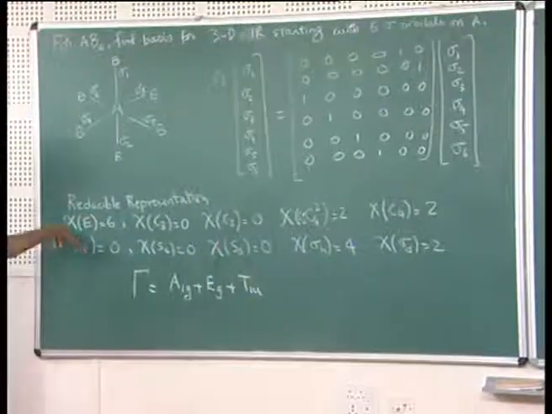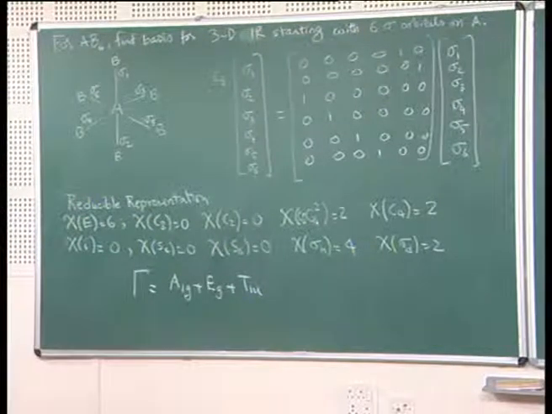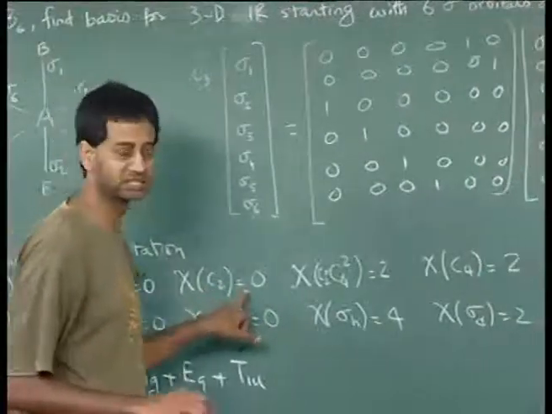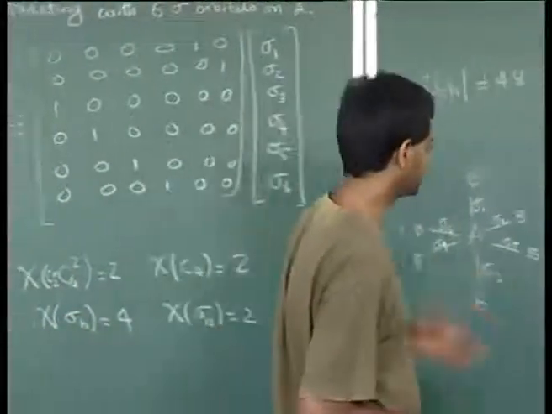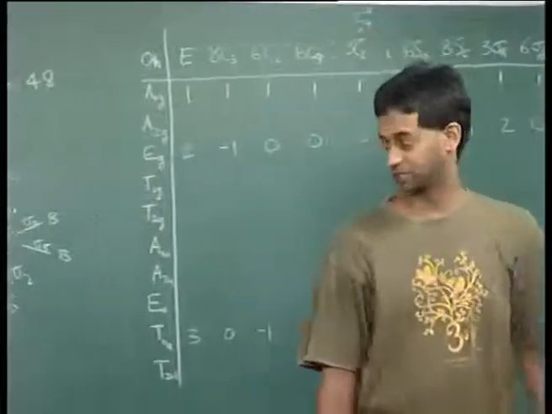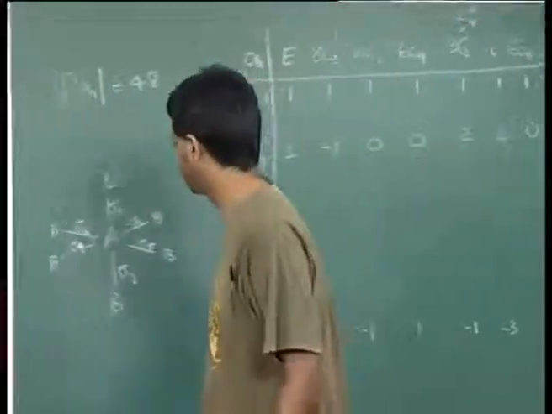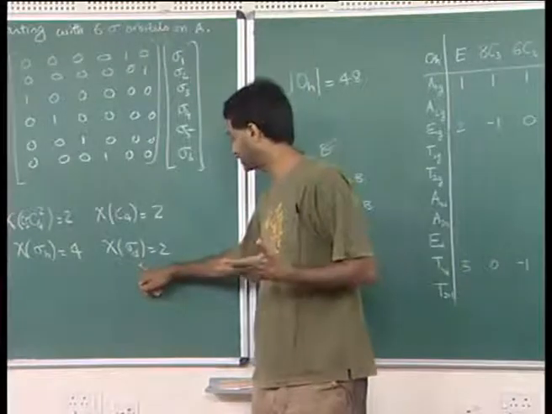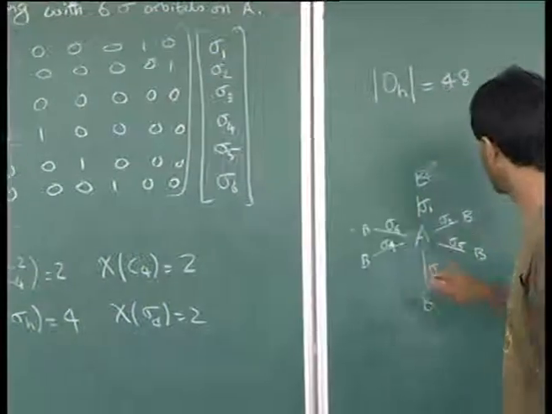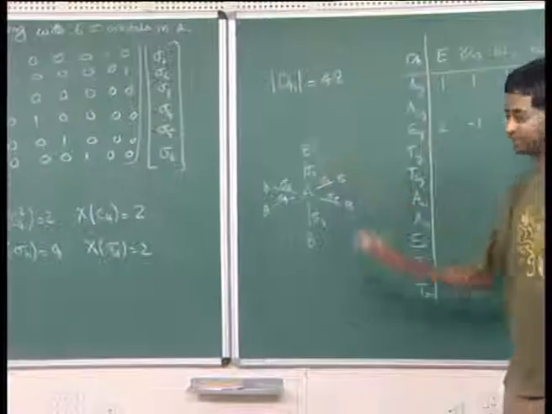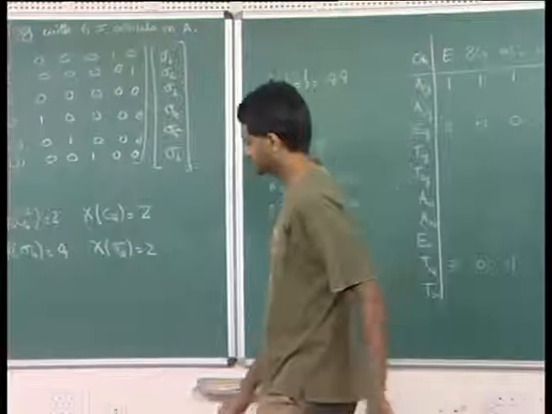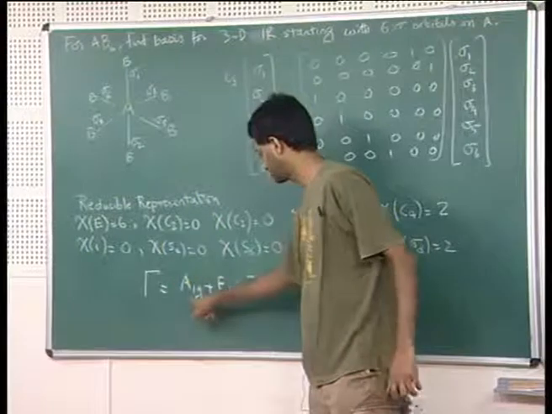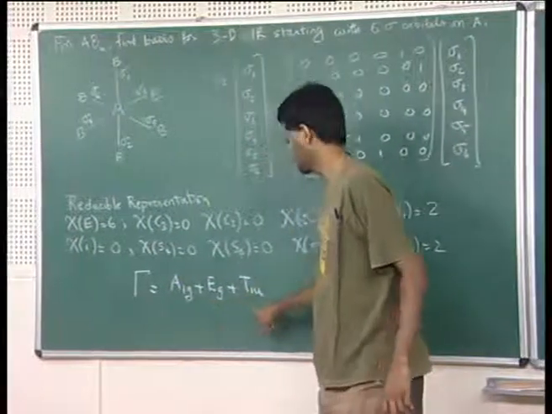So these are the characters corresponding to the reducible representation, and once you have them, you can decompose it into a set of irreducible representations. You use your usual method of taking the characters of this reducible representation and calculating how many times each irreducible representation appears in it, and if you do that, you will get that this reducible representation can be written as a sum of A1g, Eg and T1u.